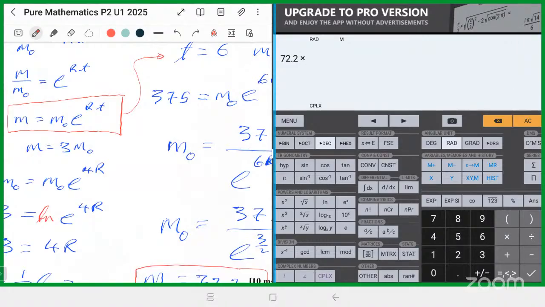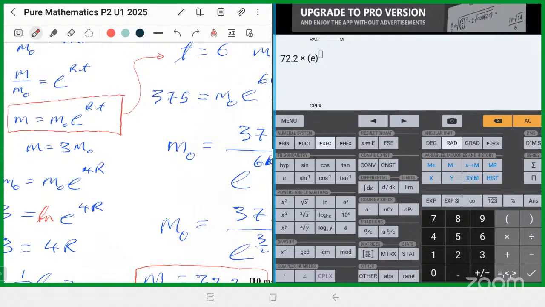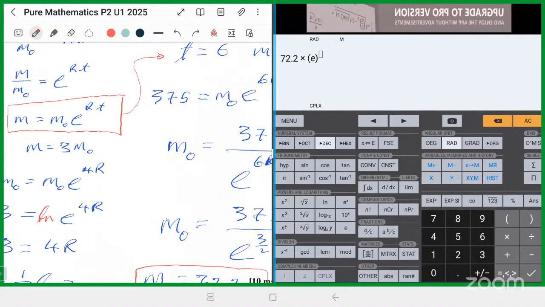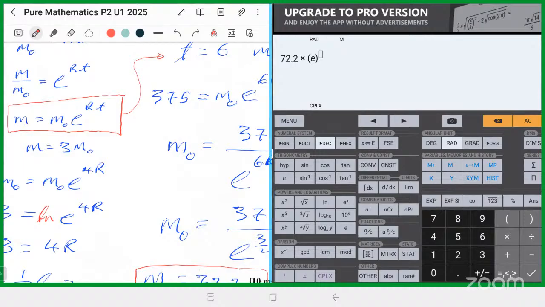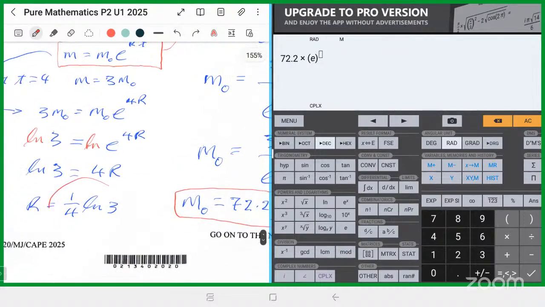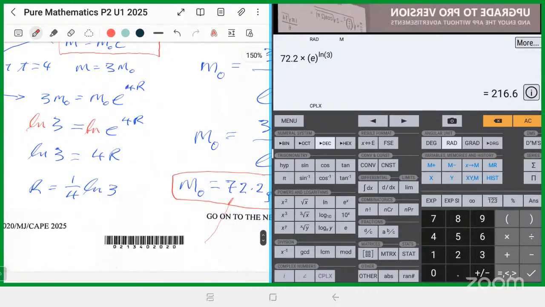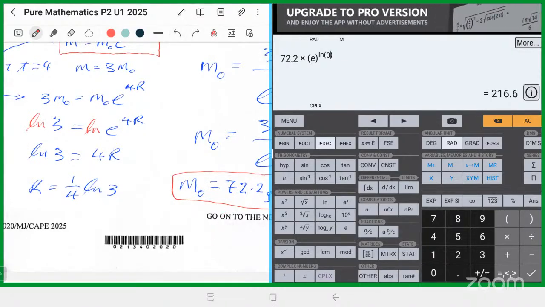So 72.2 times e raised to the power, where t becomes 4, so 4r right here. So 4 times this becomes just ln 3. Yes, it works. Now 3 times this is that. It works, yeah, because e to the ln 3 is 3.